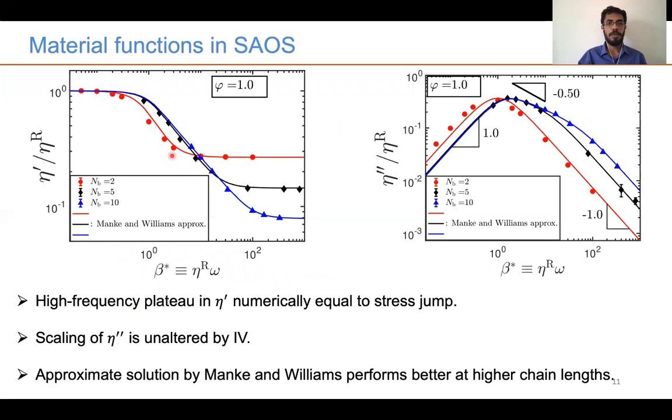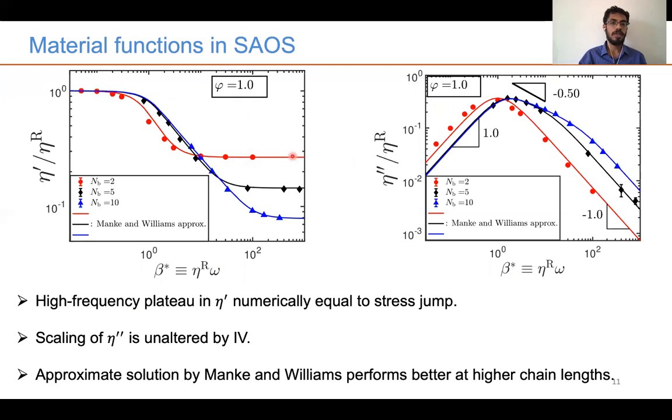Shown here are the eta prime and eta double prime data for chains with internal friction of various lengths and a fixed value of the internal friction parameter. A striking consequence of internal friction is the appearance of a high frequency plateau in eta prime, which is absent for the Rouse case, where eta prime is seen to asymptotically go to 0 at high frequencies once the solvent friction has been subtracted off.